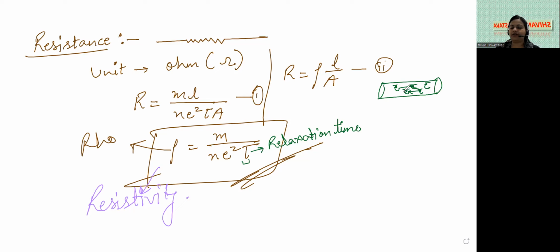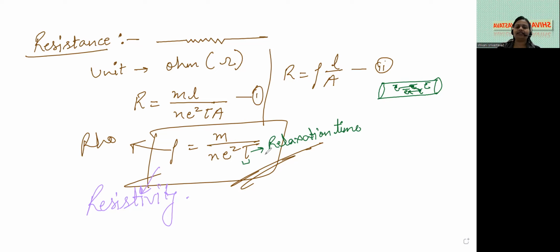So that is the relaxation time, and this relaxation time varies according to the variation of the temperature.